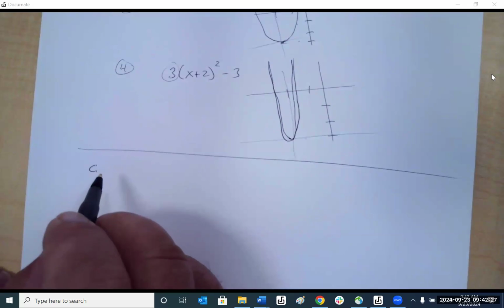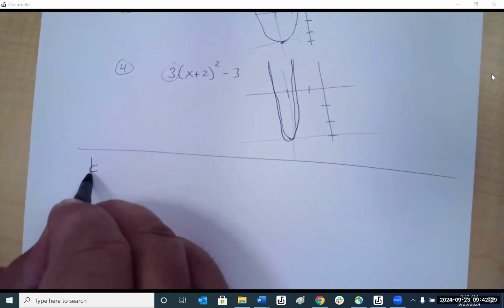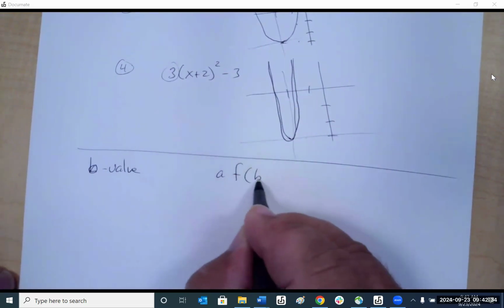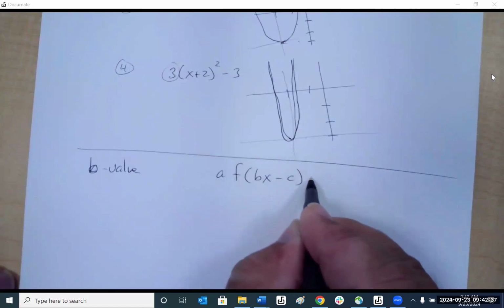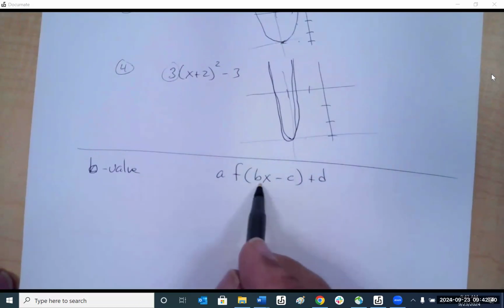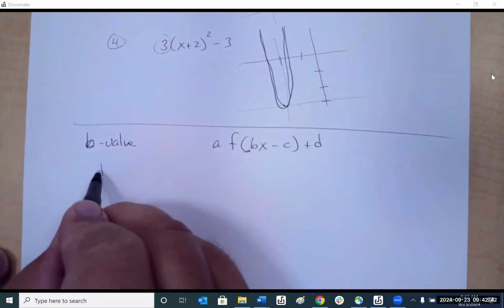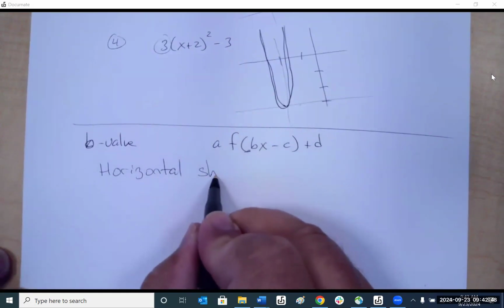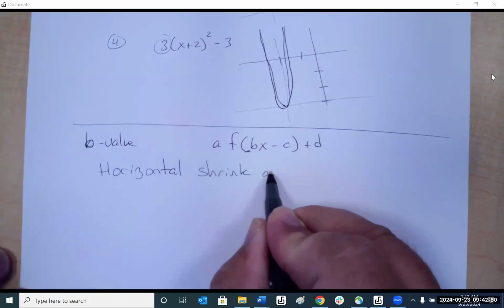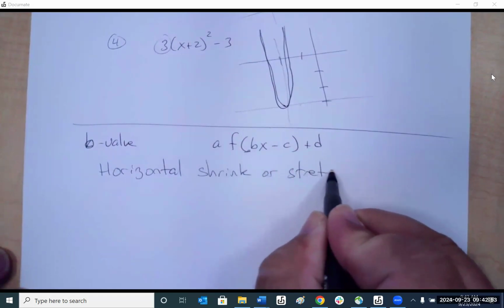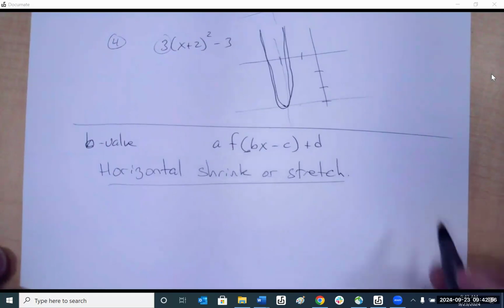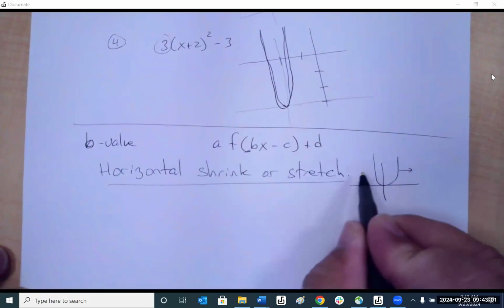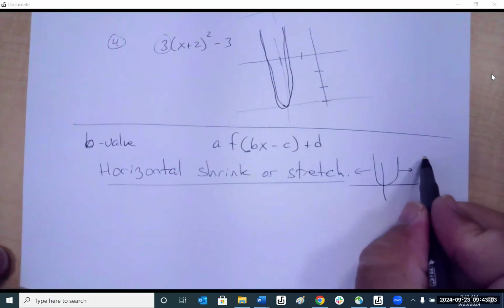Now we look at the B value. This is the horizontal shrink or stretch. So we have our original function. We're either going to pull it out or push it in.